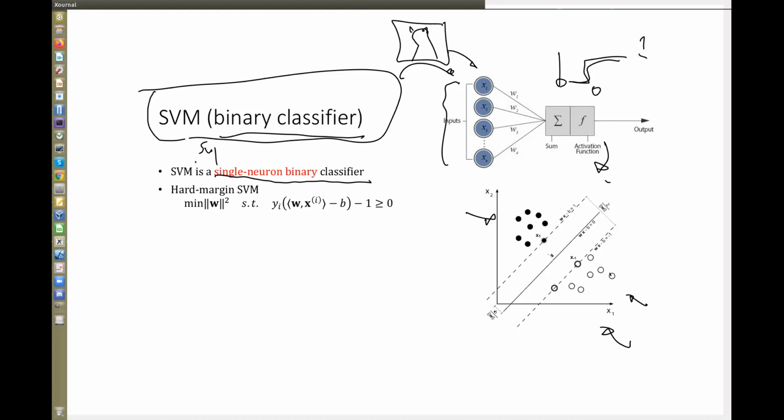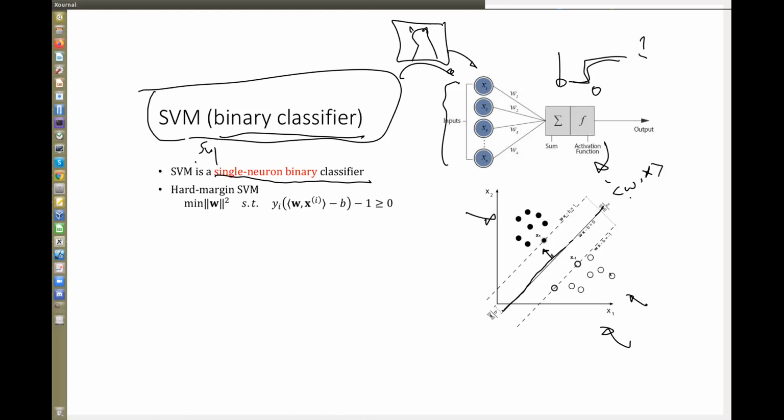Let's say I have this boundary here, and let's consider this vector perpendicular to this boundary as W. And I can write down the line equation, or in high dimension the plane equation, for this boundary as W dot product with X.